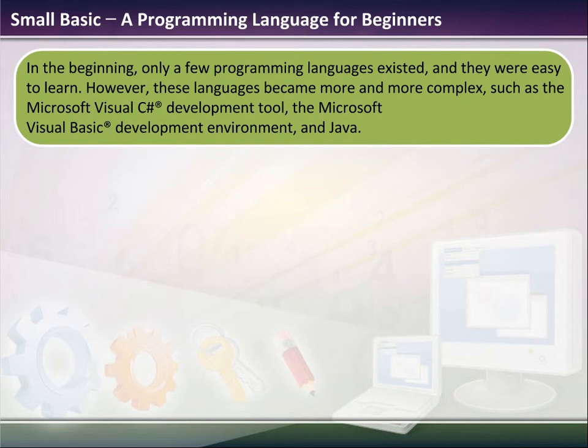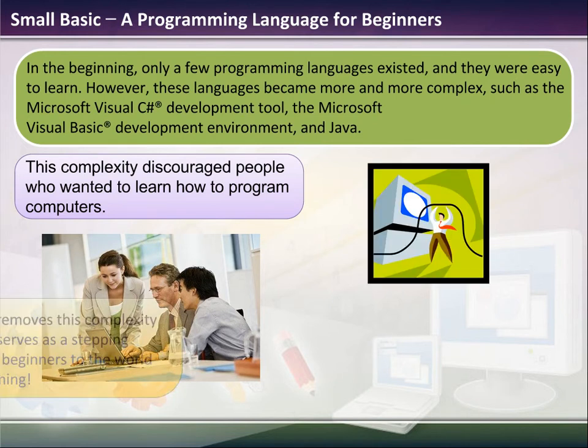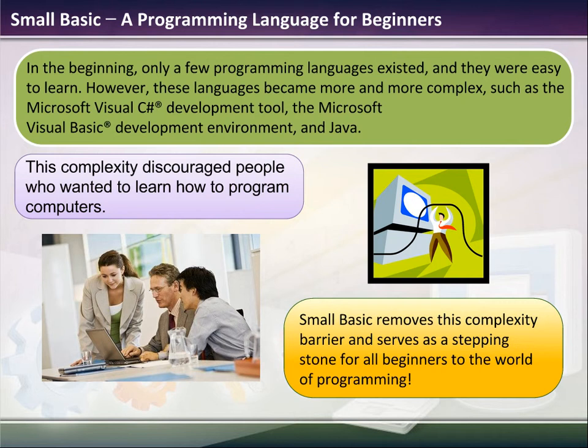This complexity discouraged people from wanting to learn how to program computers because the commands and the arguments were too complicated. So Small Basic removes all the complexity, and it focuses on just basic commands for beginning programmers.